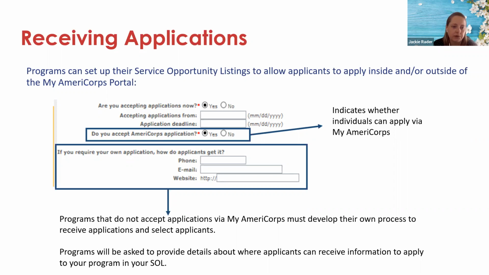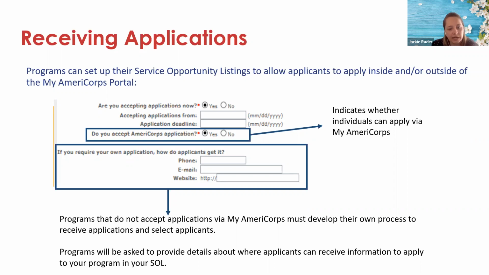You also want to figure out if you're going to accept the Americorps application. So what that means is, will you allow applicants to apply through the My Americorps portal to your program, yes or no? If you are requiring your own application, then they want you to input the information as to how members, or potential members, can access that.